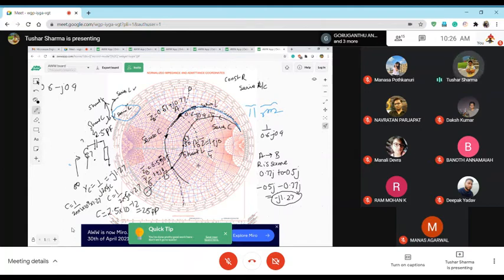Okay, so now from here to here you have a shunt element. So if you have a shunt element, what will you do? You know your YB, you know your YA. YA is just 1, right? So from A to B will be 0 minus J1.